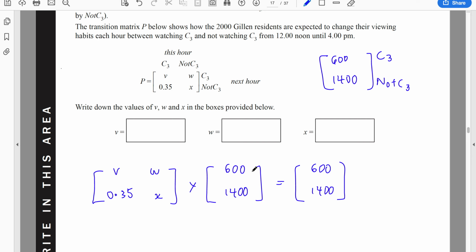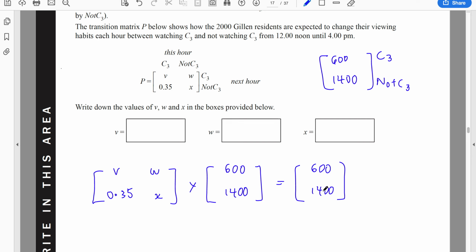So there are going to be transitions taking place, but the way that those transitions are taking place actually leads us to having the exact same values as we started with, because at any time between the 12 noon and the 4, we're transitioning, but we're still seeing the same constant values who are watching and who are not watching.